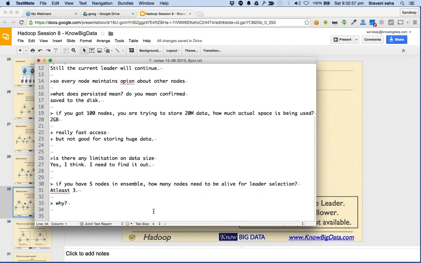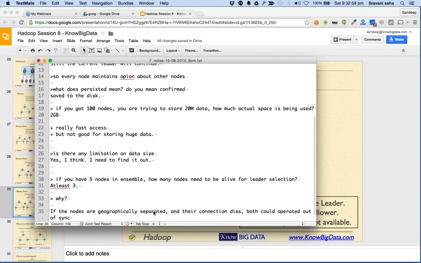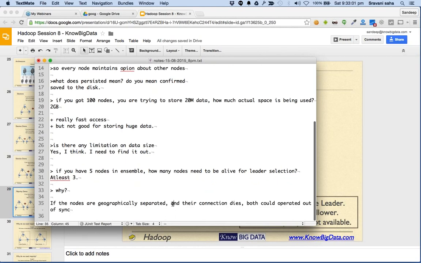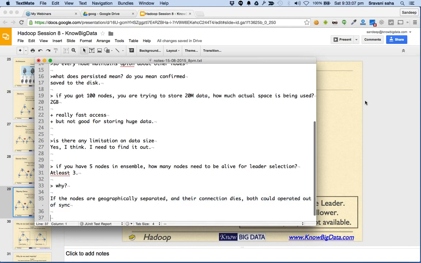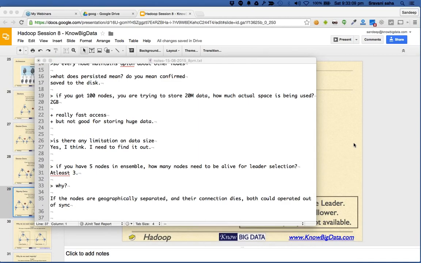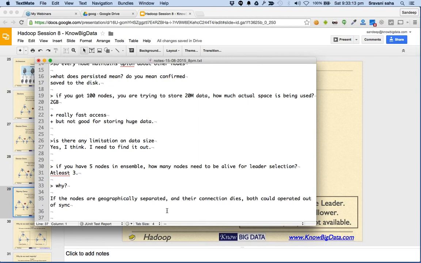All right, we have a brilliant answer. If the nodes are geographically separated and their connection dies, both could opt out of sync. Brilliant. Probably for the first time somebody has answered it.